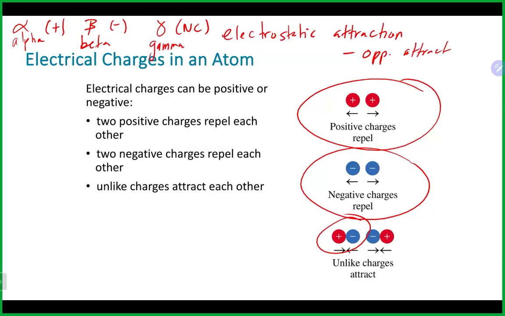So a lot of experiments really took advantage of these charges. Why having things that have charges is important is you could also use something like an electrical field. If you had an electrical field, there's a positive and negative side to that field.